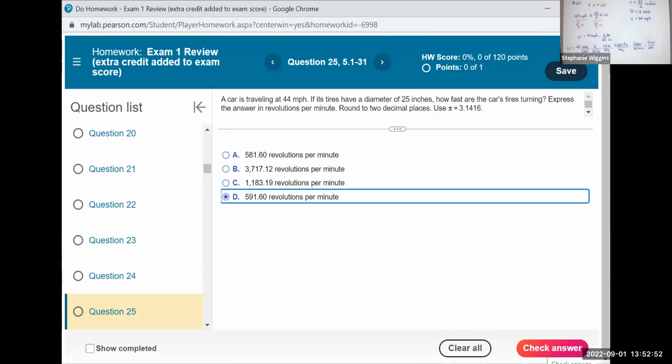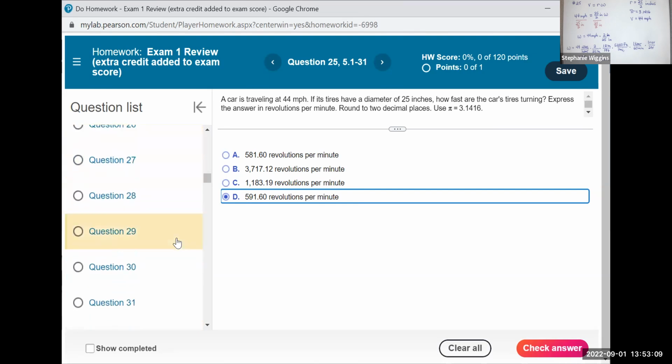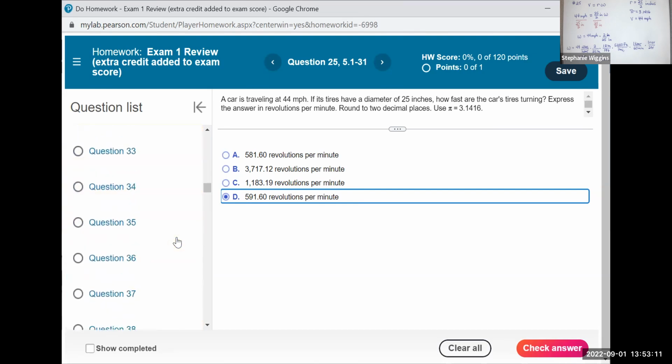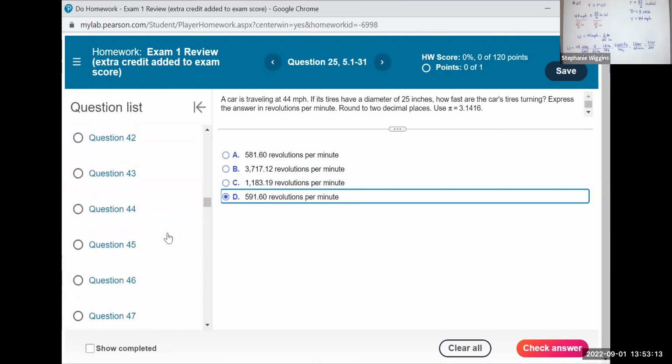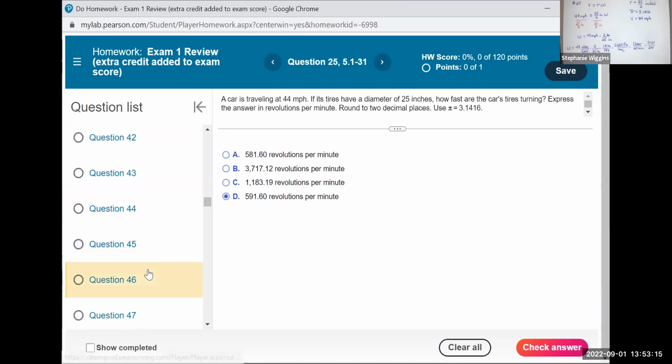It's more of a physics problem because you have to struggle with all those units. I thought it's on the review and I wanted to show you how to do it, but it will not be on the test, that particular problem. So let's look at another problem I wanted to do. I think it was 45.